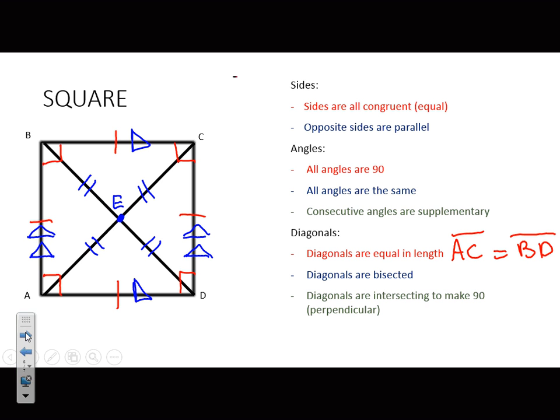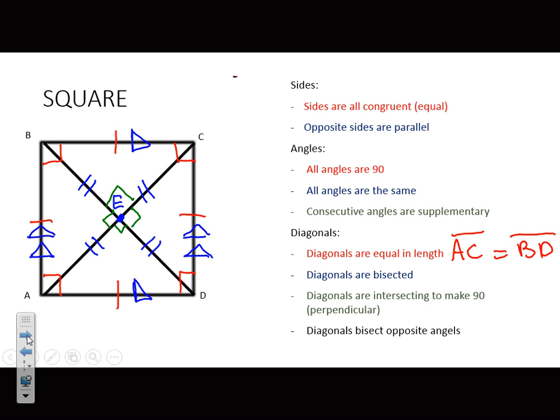Now, diagonals are intersecting to make 90 degrees. So once again, like the rhombus, all of these in here are going to equal 90 degrees. Okay, so where the diagonals meet, they're going to create 90 degrees. All of them are perpendicular.